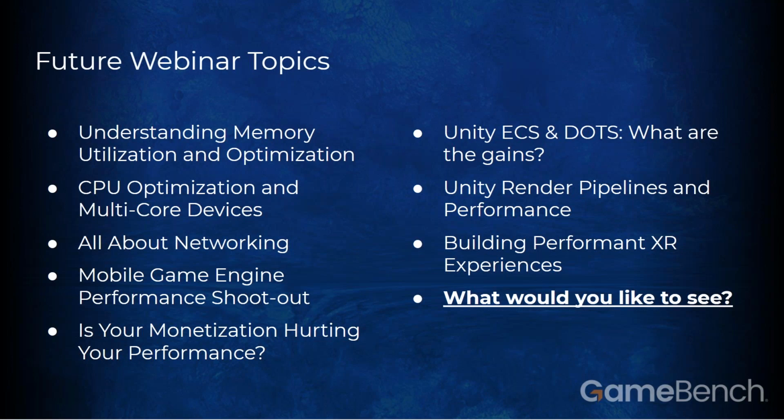So ECS and DOTS, which is their entity component system and their data-oriented tech stack: are there actual gains to be had there? And then the new, I guess they're calling it, Universal Render Pipeline. So let's take a look at the render pipelines.